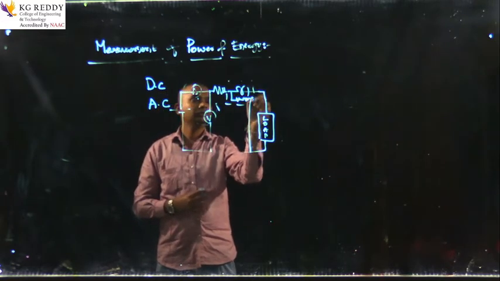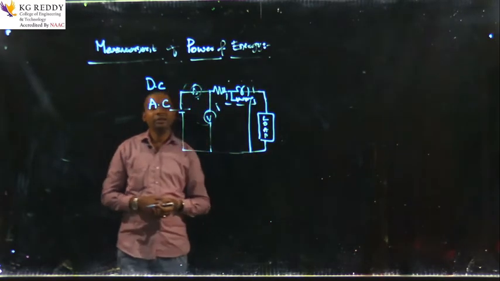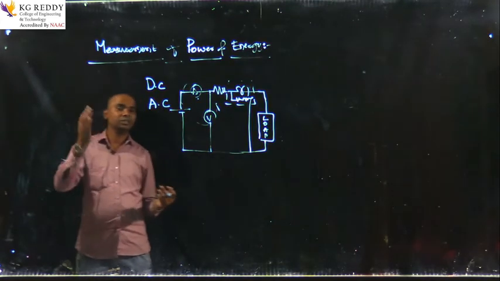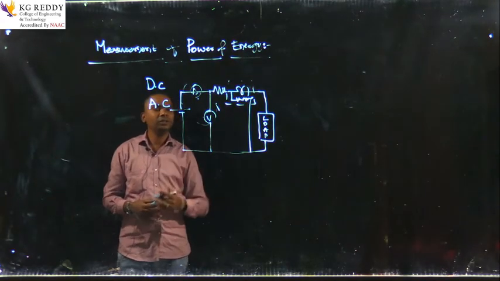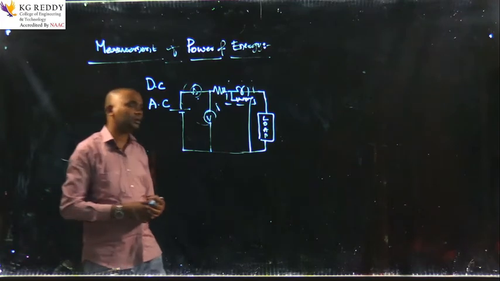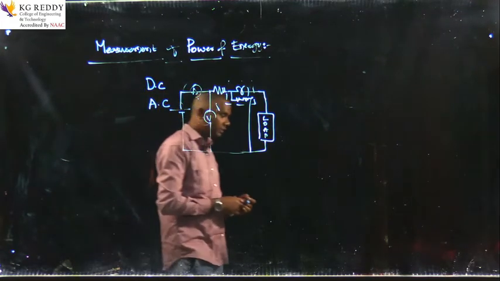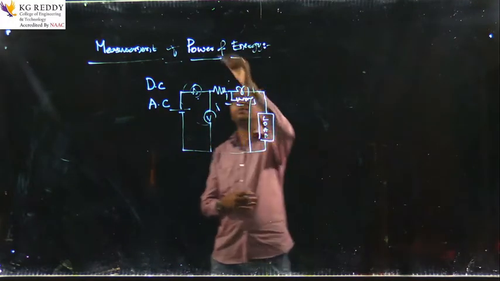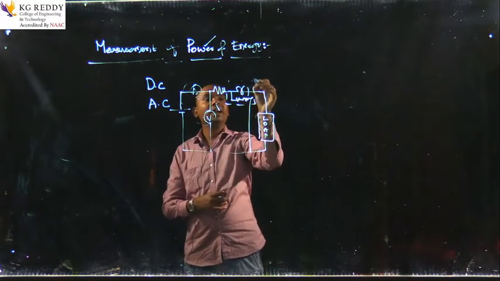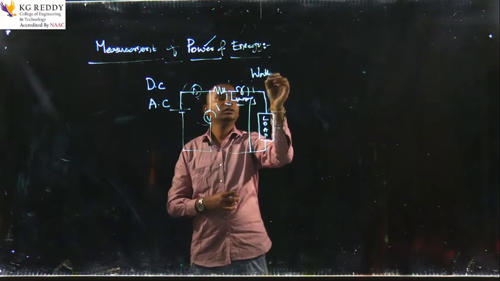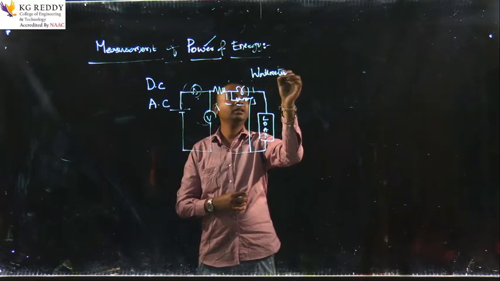Voltmeter and ammeter are measuring instruments which we discussed in earlier classes. Today we will discuss the wattmeter, an instrument used for measuring power directly.